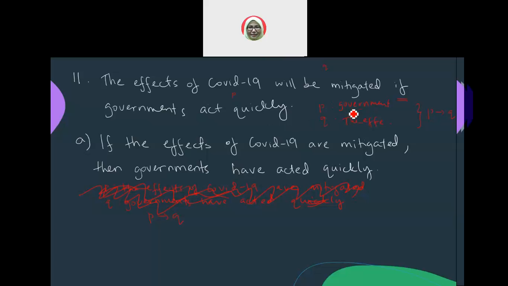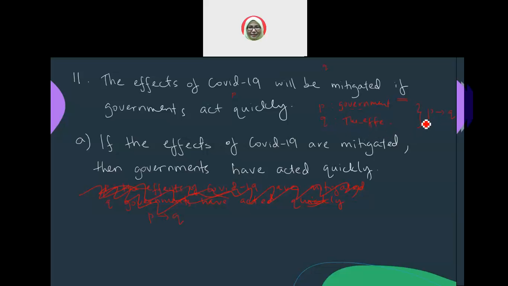Okay, let's continue. I should write P as governments act quickly, and Q as the effects of COVID-19 are mitigated.